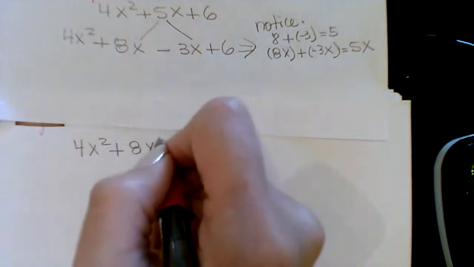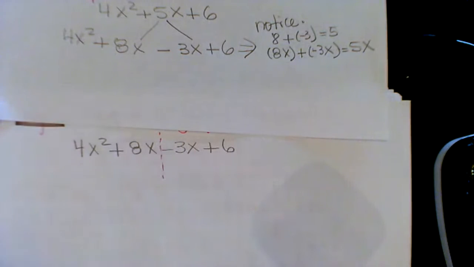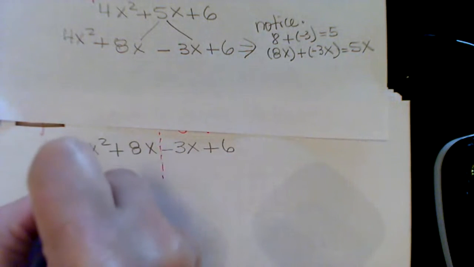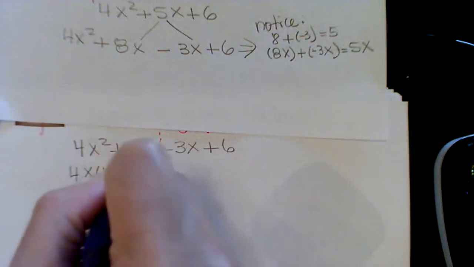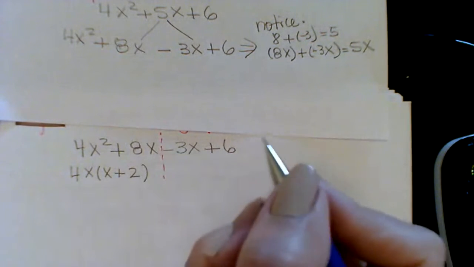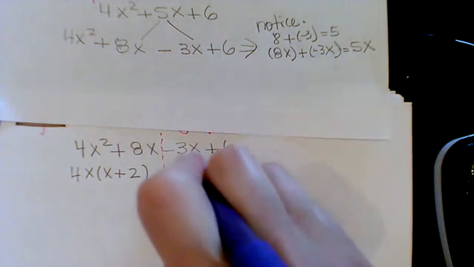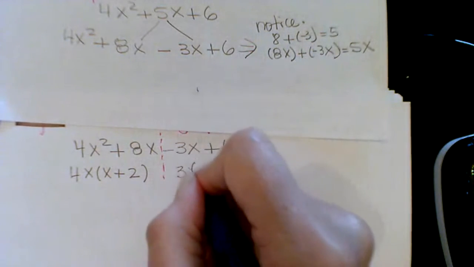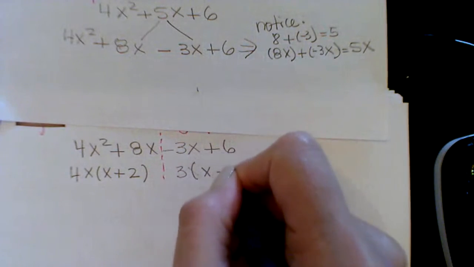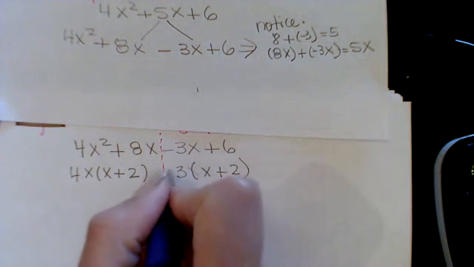If I do this by grouping, the greatest common factor is going to be 4x, x plus 2, and for this one, negative 3.